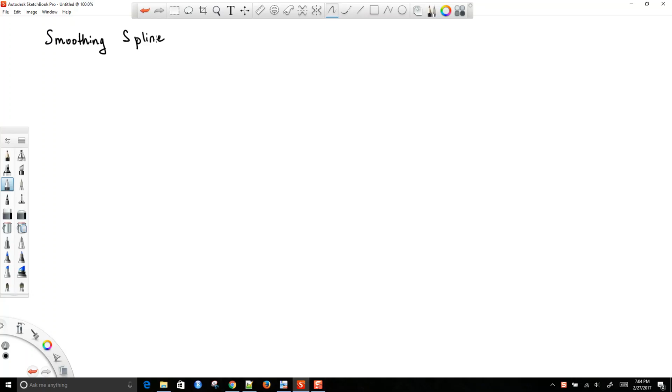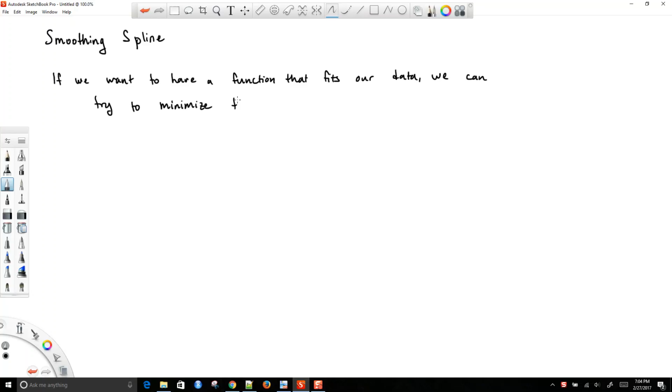If we want a function that fits our data, we can try to minimize the RSS, our residual sum of squares, which is the difference between the actual value and our predicted value based on our x.